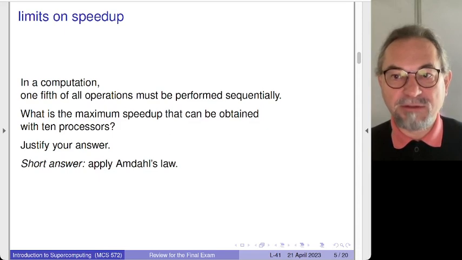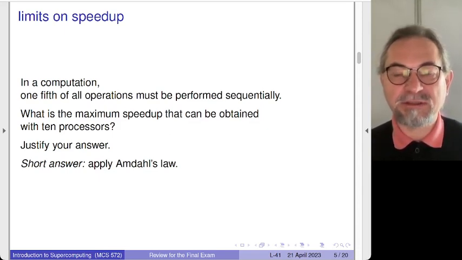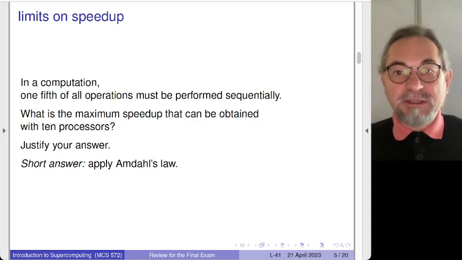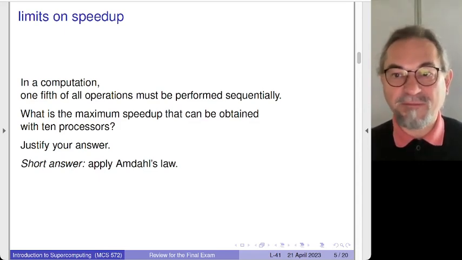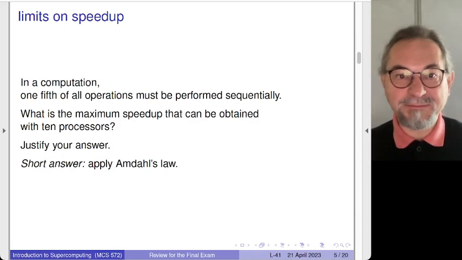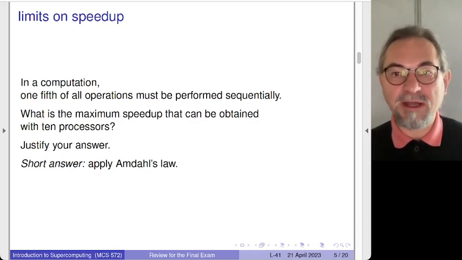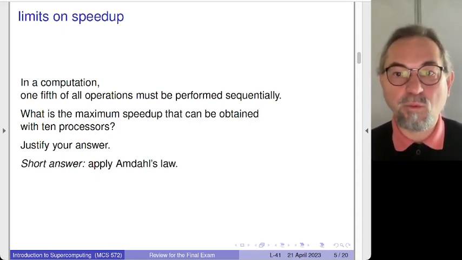So the parallel time is 0.2 plus 0.08. So the maximum speed up that you can obtain asymptotically with an infinite number of processors is 5 times, so 1/0.2. But here you will have the speed up 1 over 0.28. And that is Amdahl's law.